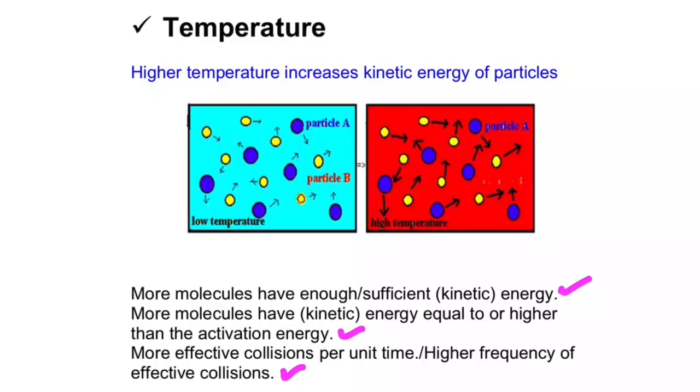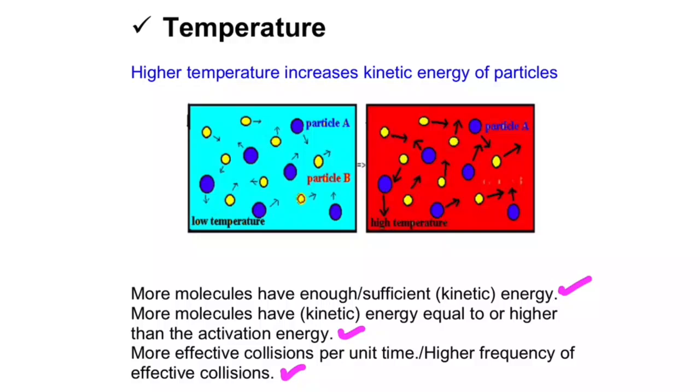So when you increase the temperature, the rate of reaction increases. Why does it increase? It's these 3 points that you're looking for. More molecules will have sufficient kinetic energy that is equal to or greater than the activation energy. And as a consequence, we're going to have more effective collisions per unit time, right?